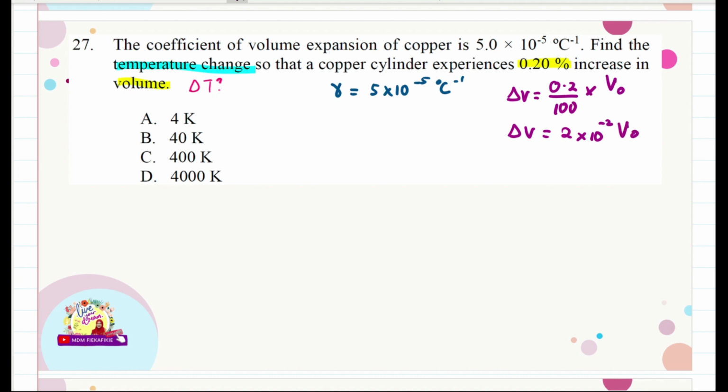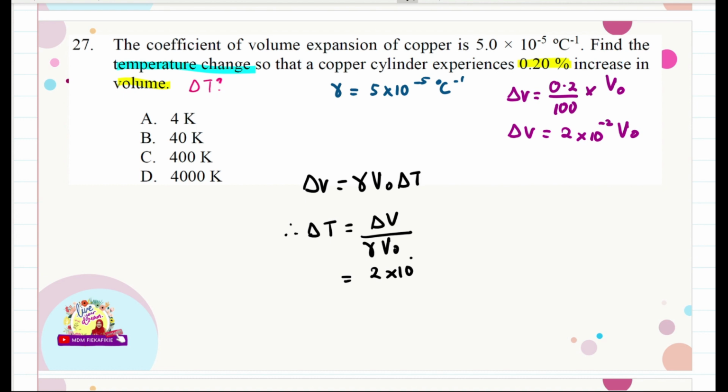So sekarang by using equation delta V is equal to gamma V0 delta T. Therefore, we can find delta T is equal to delta V over gamma V0. So, substitute delta V is 2 times 10 power of negative 2 V0 over 5 times 10 power of negative 5 V0. Okay, so this one you can cancel out.